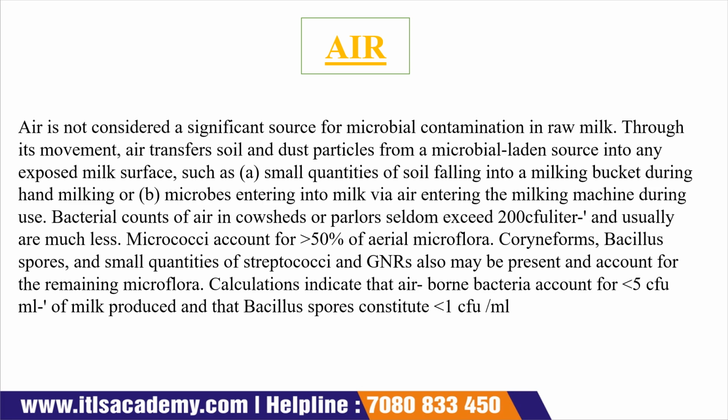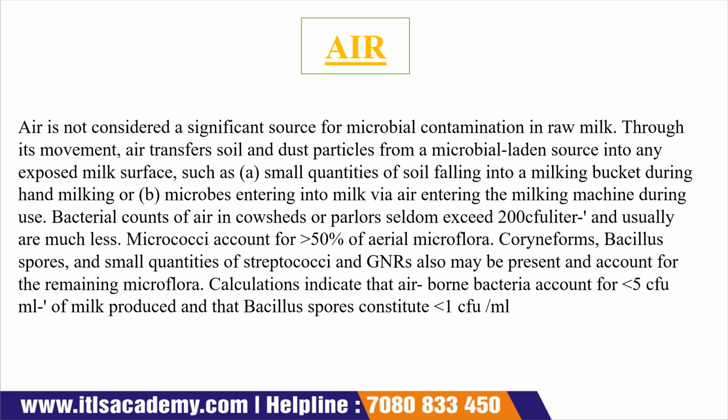Micrococci amount to less than 50% of aerial microflora. Coryneforms and bacillus spores and a small quantity of streptococci and others are also present and account for the remaining microflora. Calculations indicate that airborne bacteria account for less than 5 CFU per ml of milk produced, and bacillus spores consist of 1 CFU per ml.